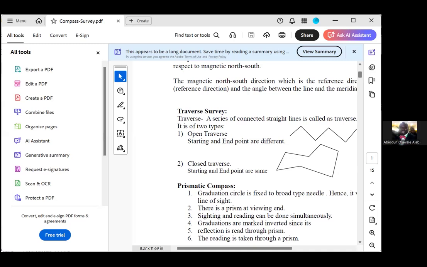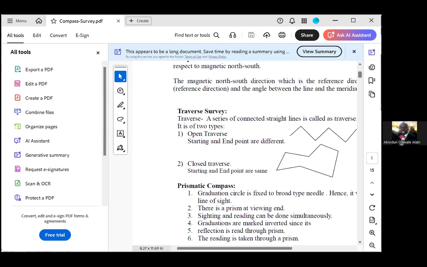Now, I've not mentioned, we said the principle of chain surveying is triangulation. There's what we call a well-conditioned triangle.